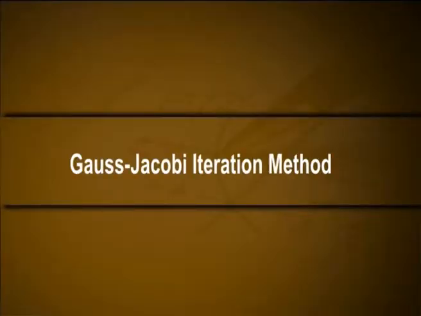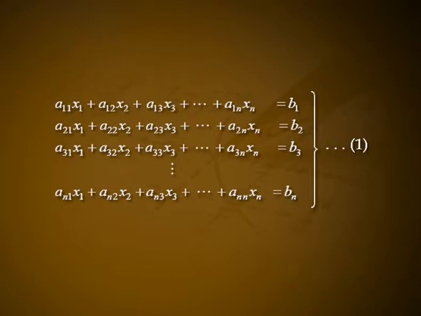Gauss-Jacobi iteration method. This method is sometimes referred to as Jacobi method. Consider a linear system of n linear equations in n unknowns x1, x2, etc., xn of the form a11 x1 plus a12 x2 plus a13 x3 plus etc. plus a1n xn equal to b1, a21 x1 plus a22 x2 plus a23 x3 plus etc. plus a2n xn equal to b2, a31 x1 plus a32 x2 plus a33 x3 plus etc. plus a3n xn equal to b3, etc., an1 x1 plus an2 x2 plus an3 x3 plus etc. plus ann xn equal to bn.